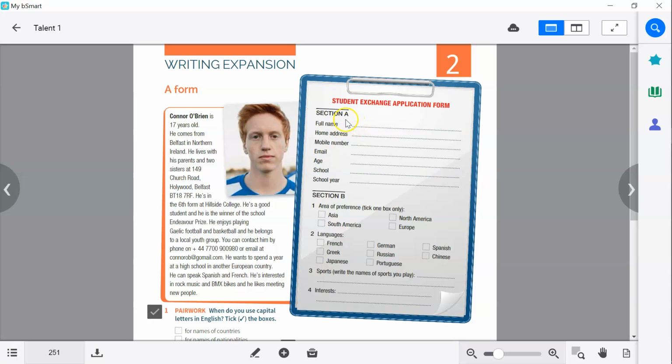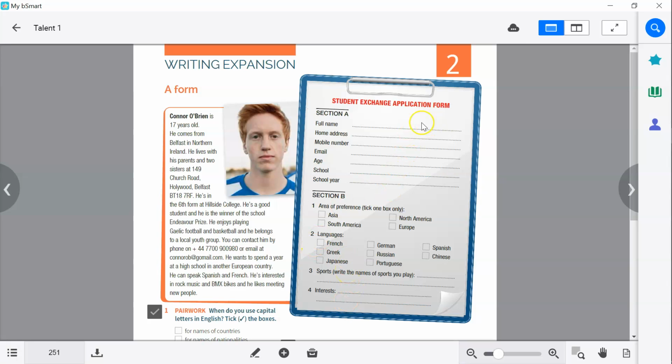For example, section A, you see full name, home address, mobile number, email, age, school, school year. And then you have section B, the things he prefers, his likes and dislikes. For example, tick one box only. For example, if he likes Asia or South Africa or North America or Europe, the languages, the sports he plays and interests.